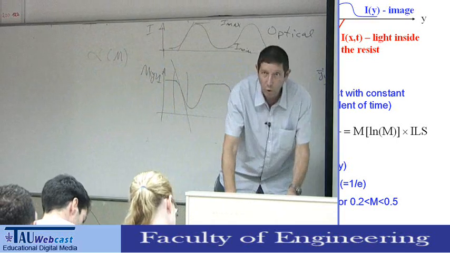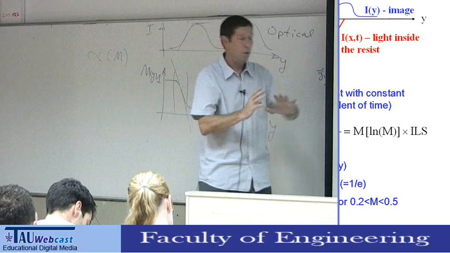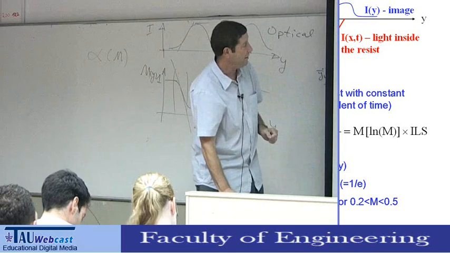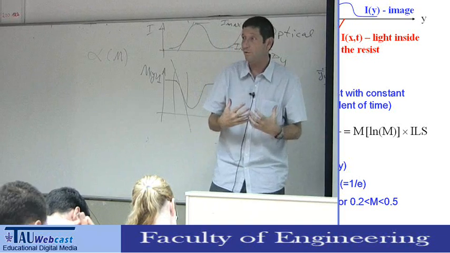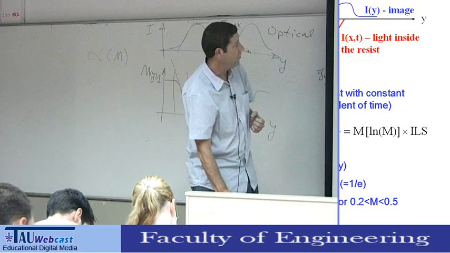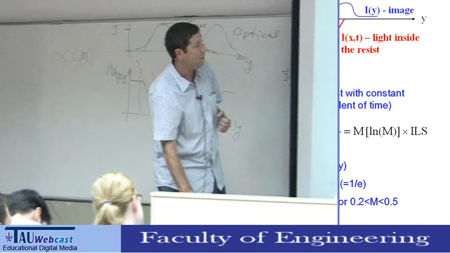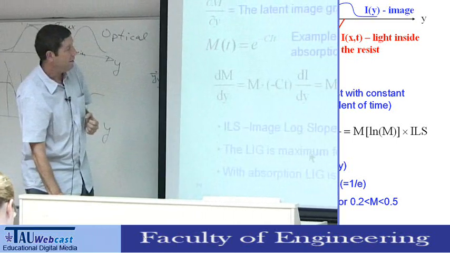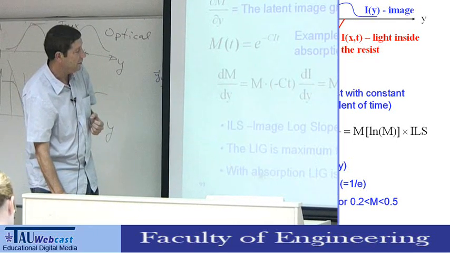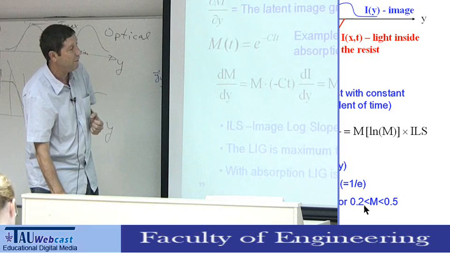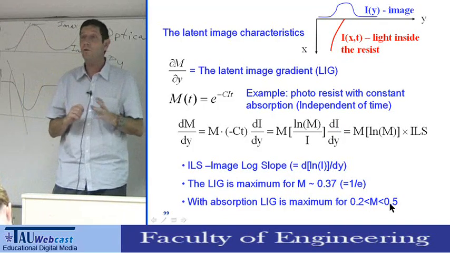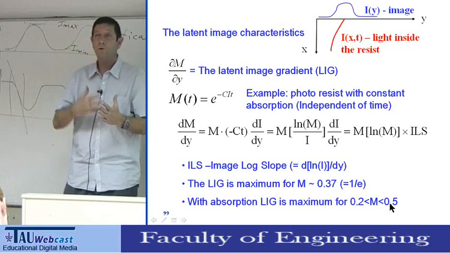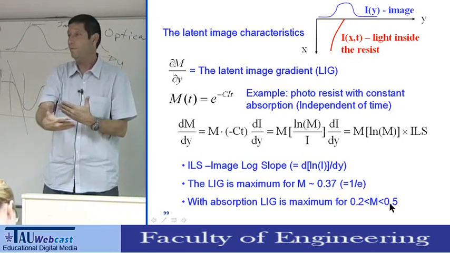So to conclude this long explanation, which took like 10 minutes, the chemical contrast inside the photoresist is a function of the image log slope d ln I over dy. And we get the best contrast when M equals 0.2 to 0.5. So actually one conclusion is that we don't need to fully expose the photoresist.